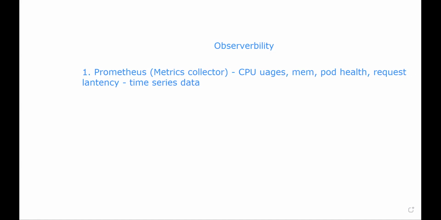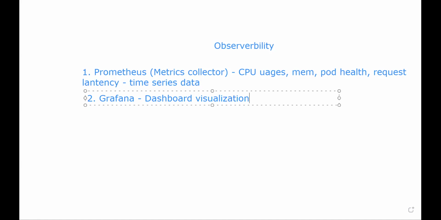Then we have Grafana. So what is Grafana? Grafana is for dashboard visualization, where the metrics you have collected from Prometheus will be shown in nice dashboards like charts and graphs, for CPU, memory and so on.